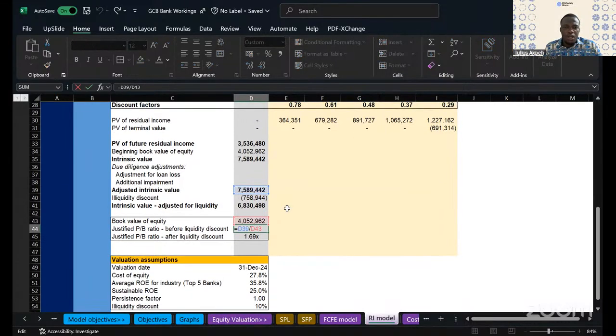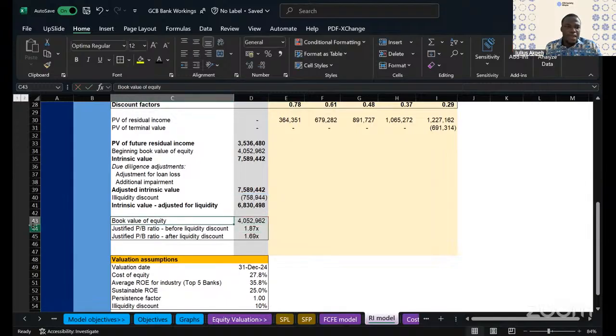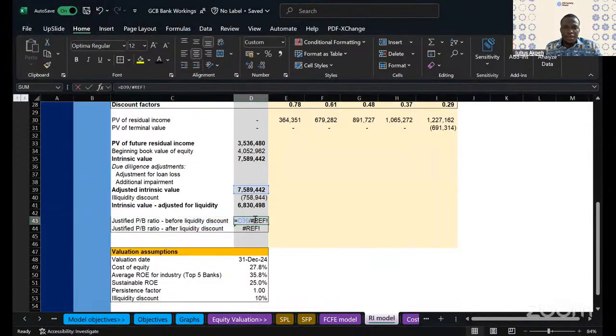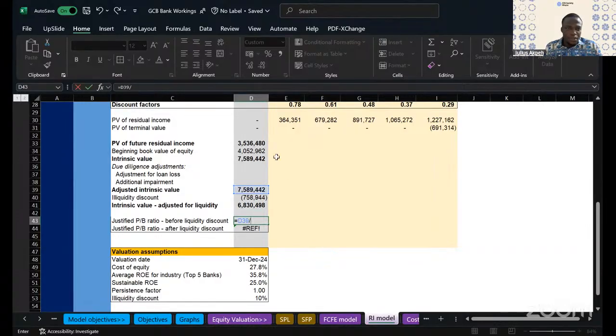And I want to, maybe here, because I brought book value of equity earlier, let me take it off from here and rather do it on this basis. So before illiquidity discount, the adjusted intrinsic value divided by the book value of equity.